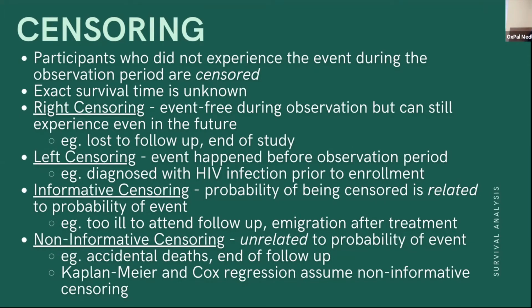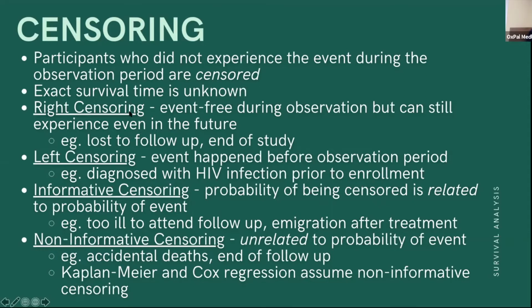We can classify censoring. There are many ways to classify it, but broadly it can be classified into right versus left, and informative versus non-informative. Right censoring is when the participant remains event-free during the observation period, but can still experience the event in the future.